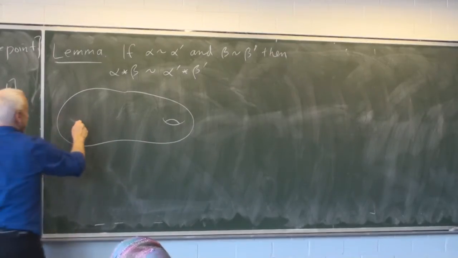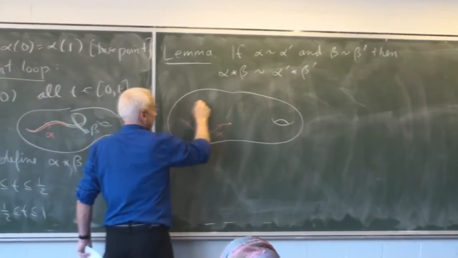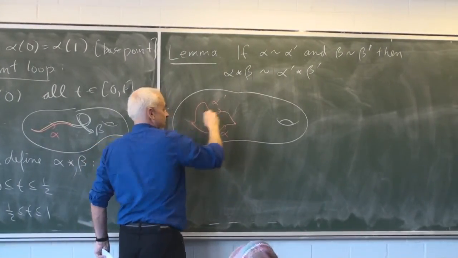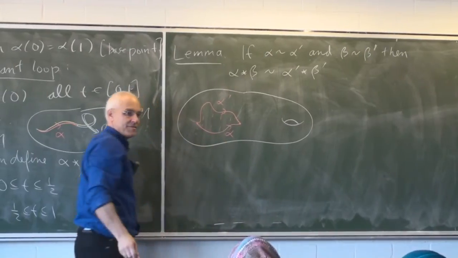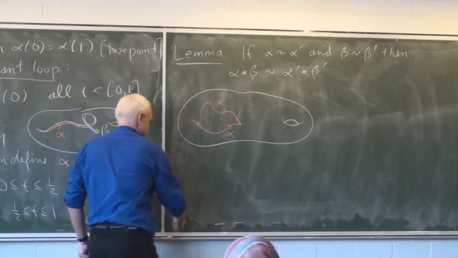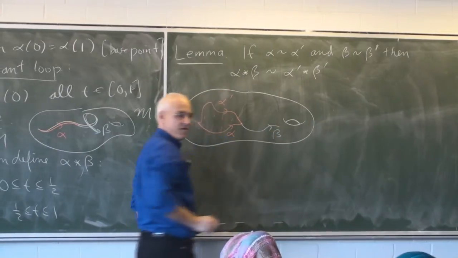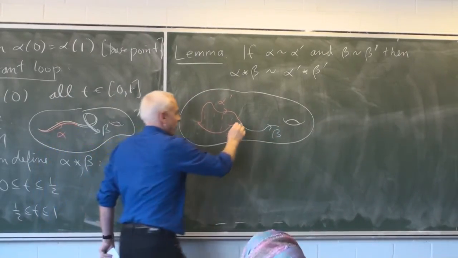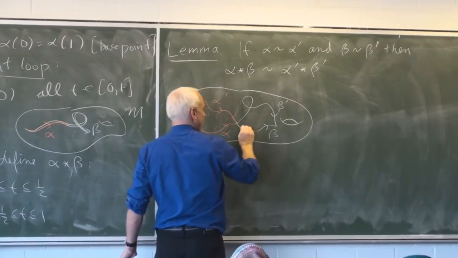So for example, suppose that's alpha, and suppose here is alpha prime, which is homotopic to it. And suppose that beta is such that it starts where alpha left off. And here is beta prime, which is homotopic to it.